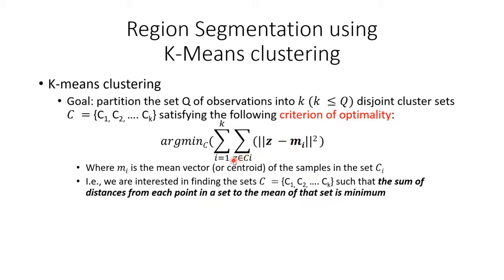I'm going to sum the distance from each one of the points to each one of the clusters, and then I'm going to sum also over the clusters. So this is a minimization criterion on the distances from every point to the clusters.